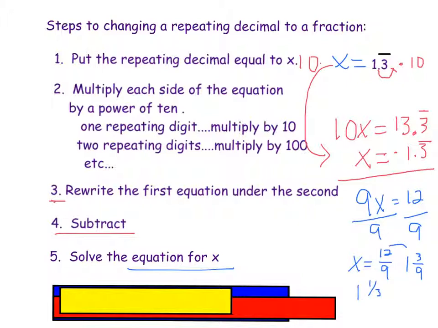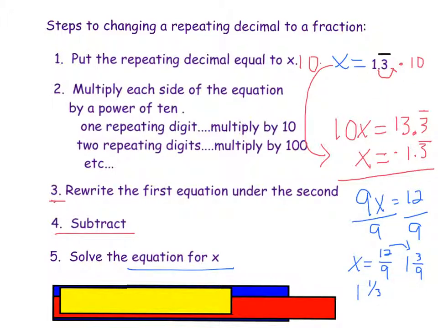From here to here, by the way, we didn't really reduce, we just wrote it as a mixed number. 9 goes into 12 one time with 3 left over. So we learned on the last example that 1/3 is the same thing as 0.3 repeating. We did that division, but now we worked backwards.